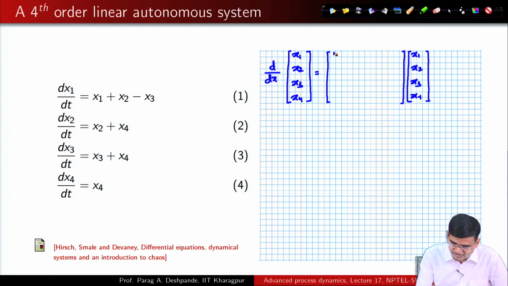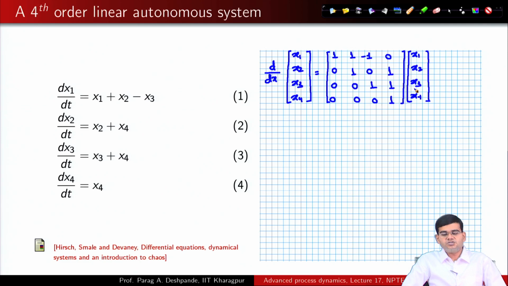This would be 1, 1, minus 1, 0, 0, 1, 0, 1, 0, 0, 1, 1 and 0, 0, 0, 1. Okay. So, these are the elements of the matrix.